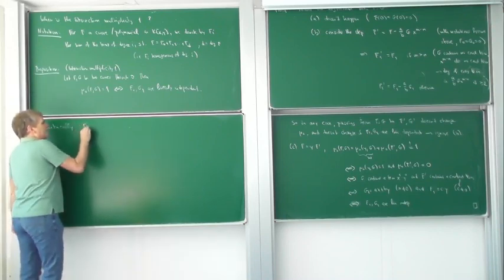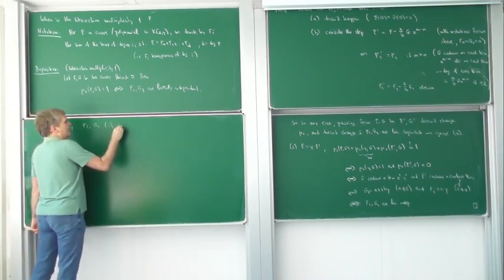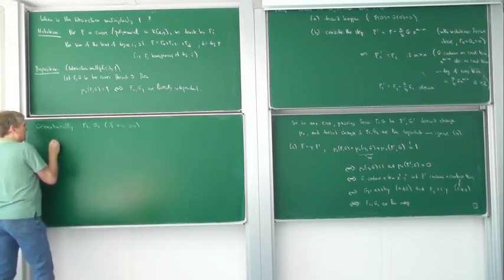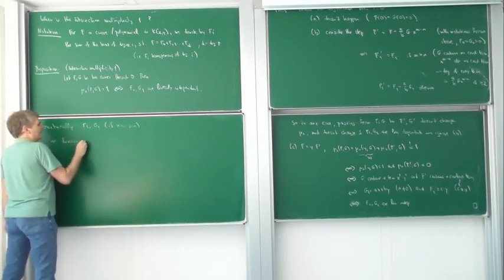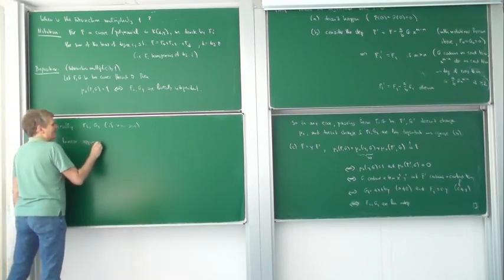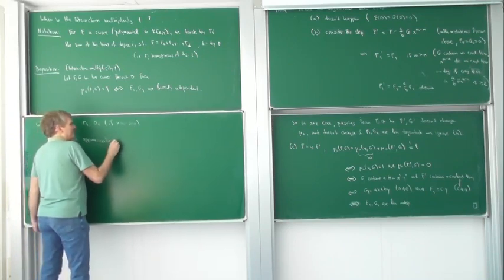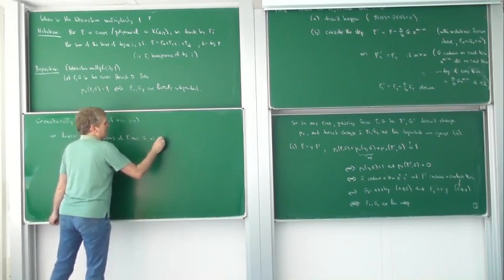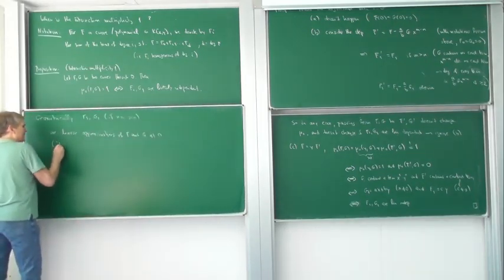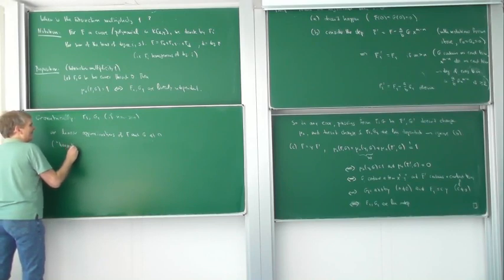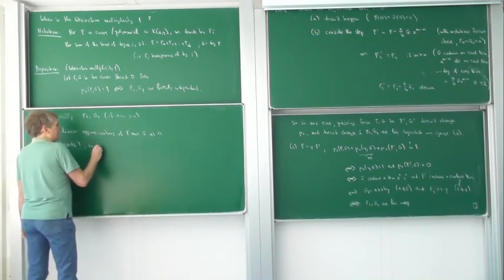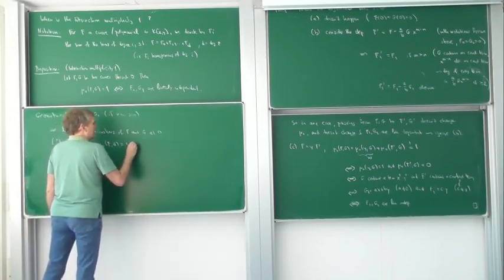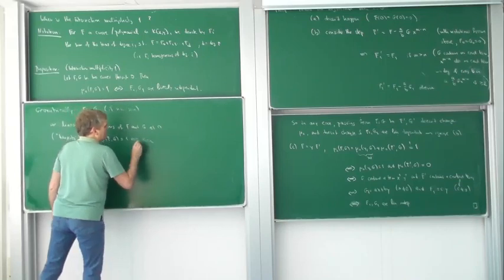So geometrically, we can say that f1 and g1, if they are non-zero, are linear approximations of f and g at 0, i.e. the tangents. So this mu0 of f and g is 1 if and only if these tangents are not the same.